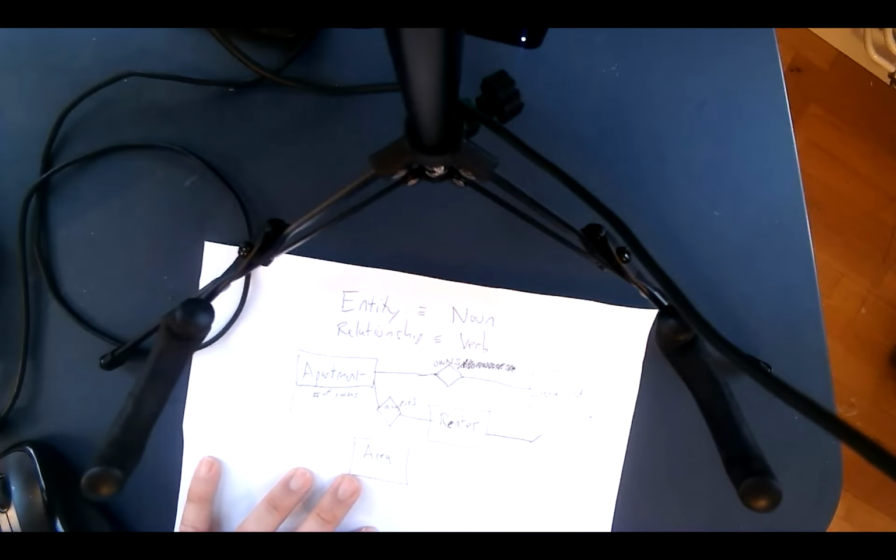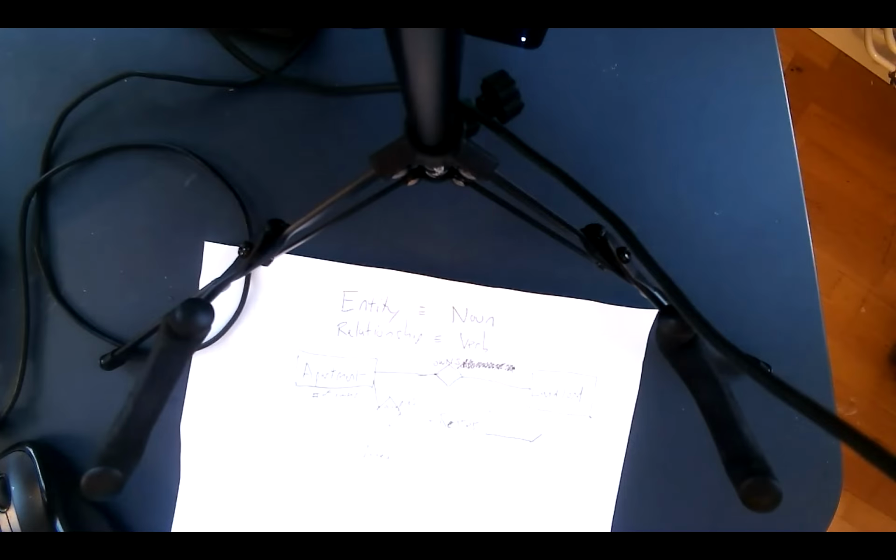Apartment resides. Maybe a better one. Resides is our best candidate right now, but we're looking for maybe something a little bit more direct. An area has an apartment, but we don't really want to do it in that direction, it seems.